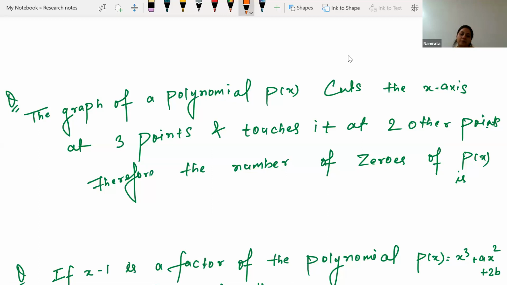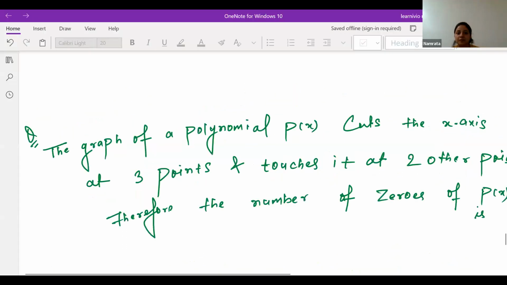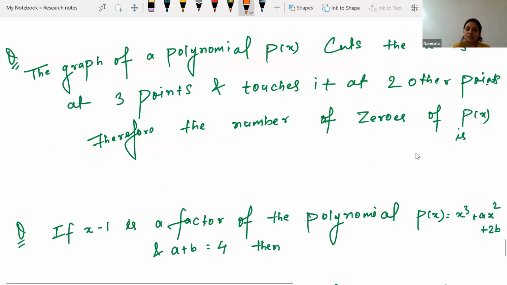Yes, ma'am. I'm getting x 3 and y 2. So in total, how many zeros will there be? Two. Are you saying a total of two zeros? Yes. Okay, let's check, Harshit. Let's see what the question says.